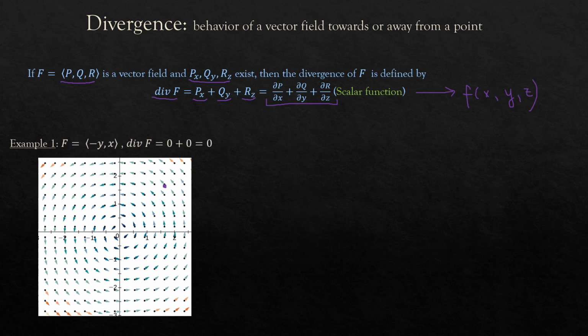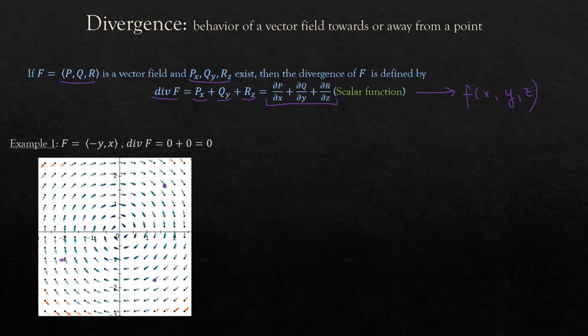If you look at the behavior of the vector field, the same amount of the vector field is flowing in as flowing out. It is the same for any point that you pick in the plane. So we would expect the divergence to be 0 for a vector field like this, and it is. It's easy to compute and verify that.